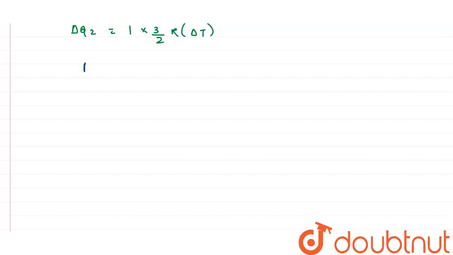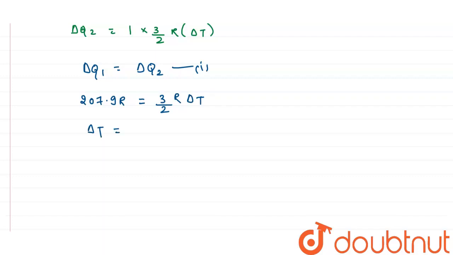We already found the value of delta Q1, which is 207.9 R, equal to delta Q2, that is 3/2 R delta T. Solving this, we get delta T equal to 138.6 Kelvin. This is the temperature difference for vessel 2.